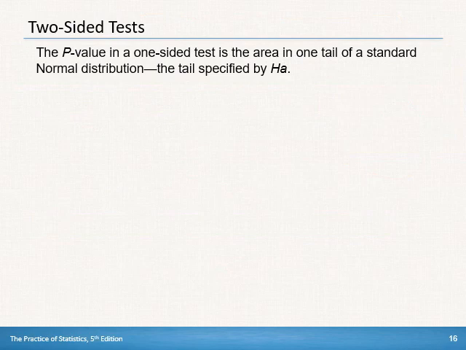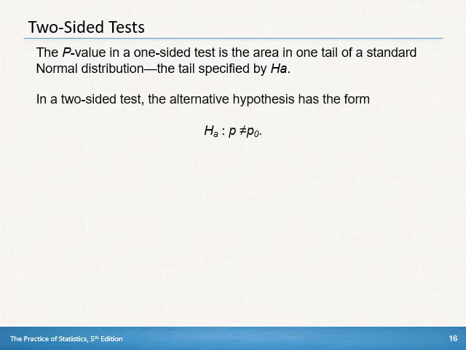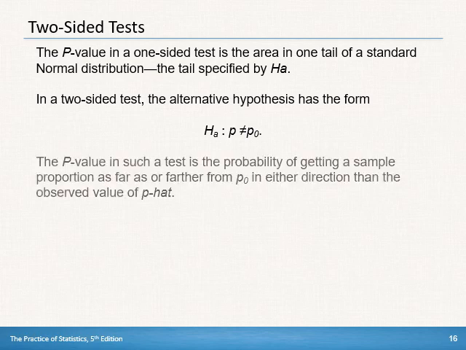All right, let's talk about a two-sided test now. In a two-sided test, the null hypothesis looks the same, but the alternative hypothesis is that p is not equal to that particular value. The p-value in such a test is the probability of getting a sample proportion as far or further away from p naught, in either direction.